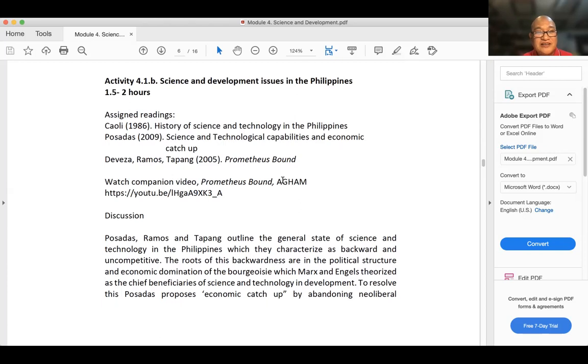Here, the scientists, the late Dean Posadas, Dr. Henry Ramos, and now Dean of the College of Science, Giovanni Tapang, outlined the general state of science and technology in the Philippines, which is characterized as backward and uncompetitive. The question is, why is that the case?